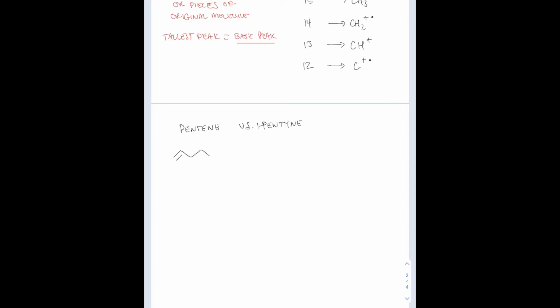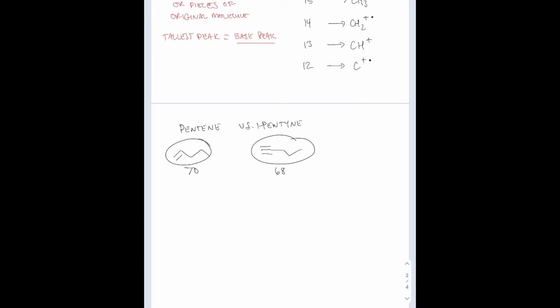This guy versus 1, 2, 3, 4, 5. And so the molecular weight of these is 68 and 70, and the functional groups are very similar, and they have similar reactivity.